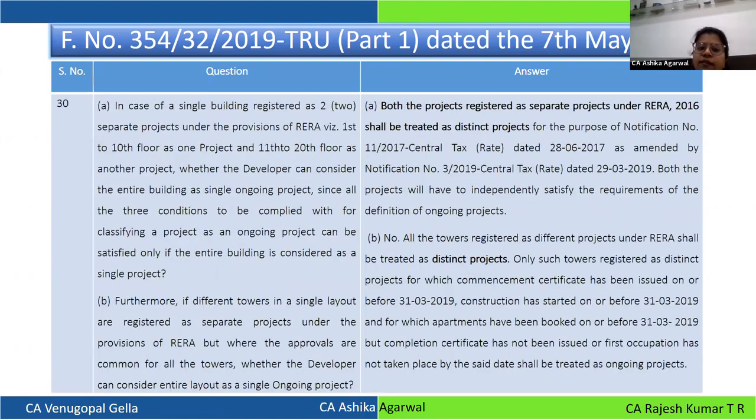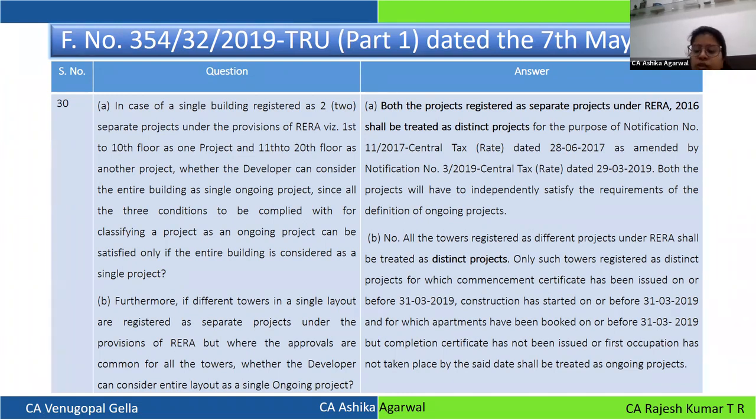This is what they have clarified in the FAQ, where the question asked is: in case a single building is registered as 2 separate projects under the provisions of RERA, first to 10th floor as one project, 11th to 20th floor as another project, can the developer consider the entire building as a single ongoing project, since all the conditions to comply with for classifying as an ongoing project can be satisfied only if the entire building is considered a single project, because it's one building with 20 floors for which RERA registration has been obtained?